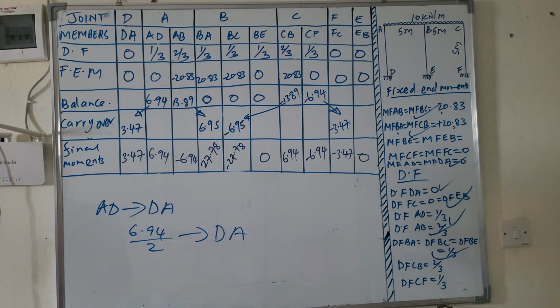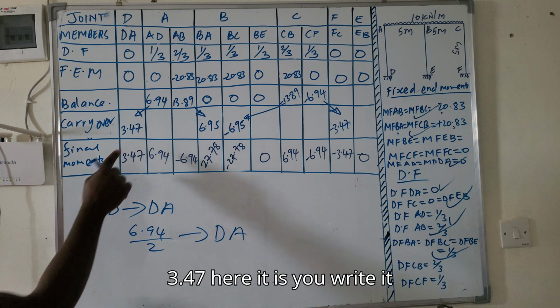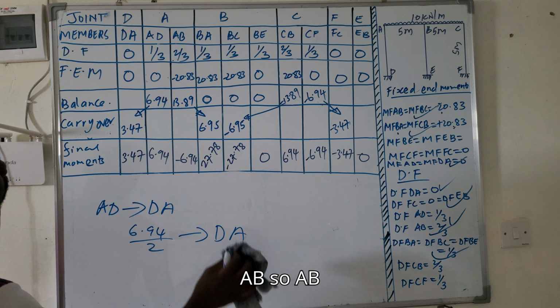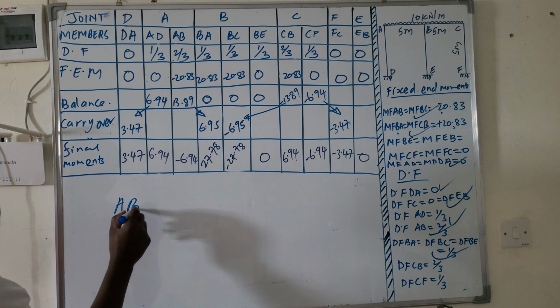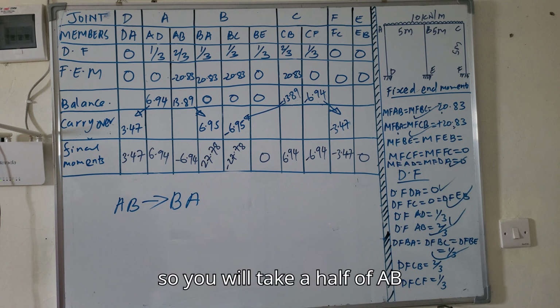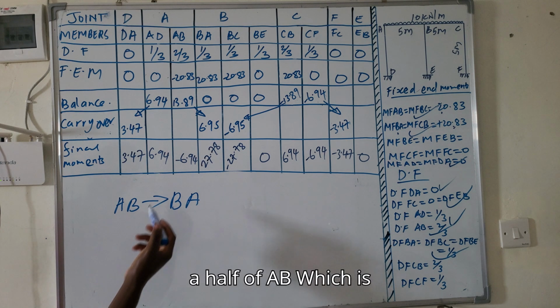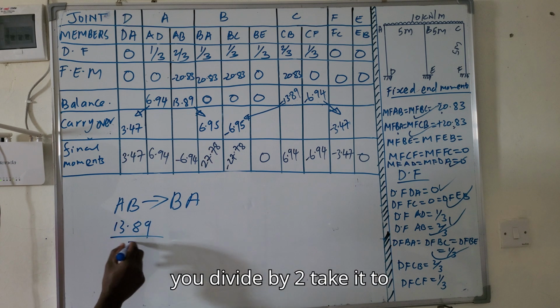So this one will be 6.94 divided by 2. So the answer is 3.47. You write it there. So we go to AB. The opposite member is BA. So you will take a half of AB, which is 13.89, you divide by 2.